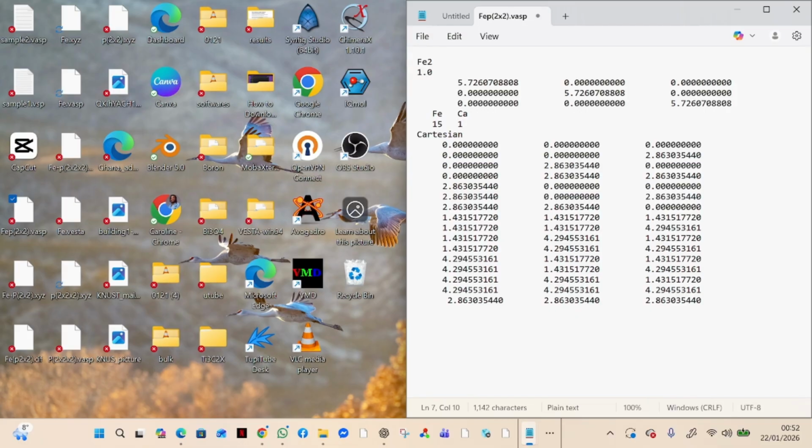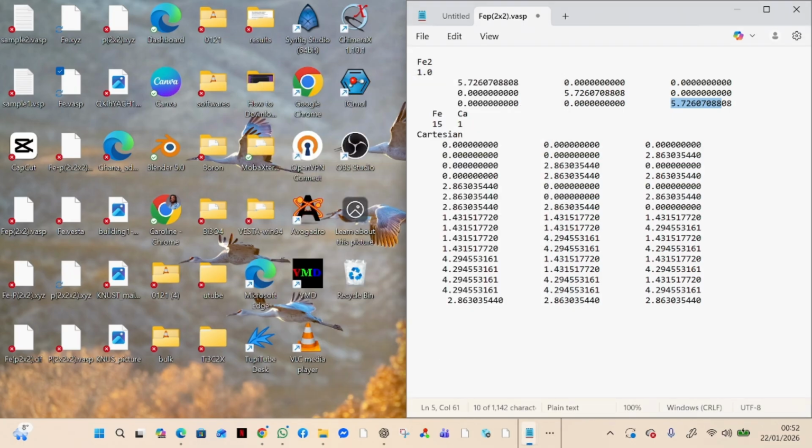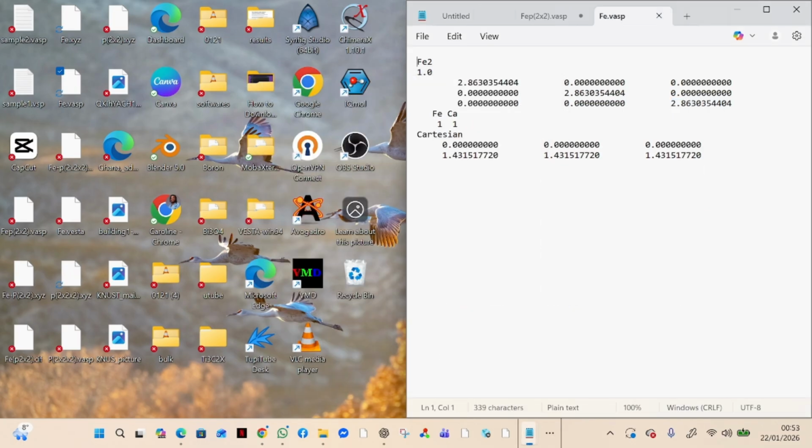Okay, so now I have two files. One of them has a bigger supercell with a lattice constant of 5.7, 5.7, 5.7. And I have another file which has a lattice parameter which is smaller, 2.8, 2.8, 2.8.